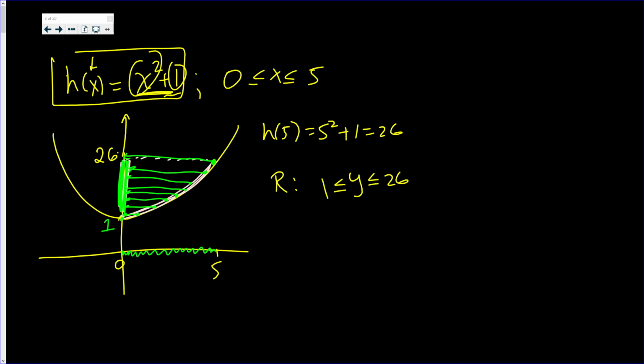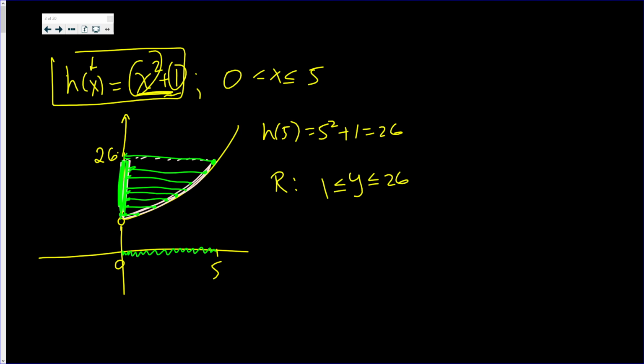Now, what if I made one simple change? I don't have equal here. I just have that x is bigger than 0. That just means that this one point is not there. Okay?